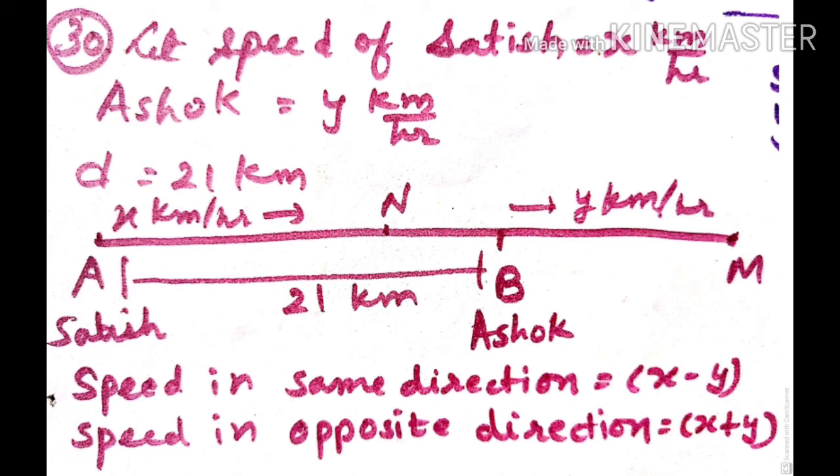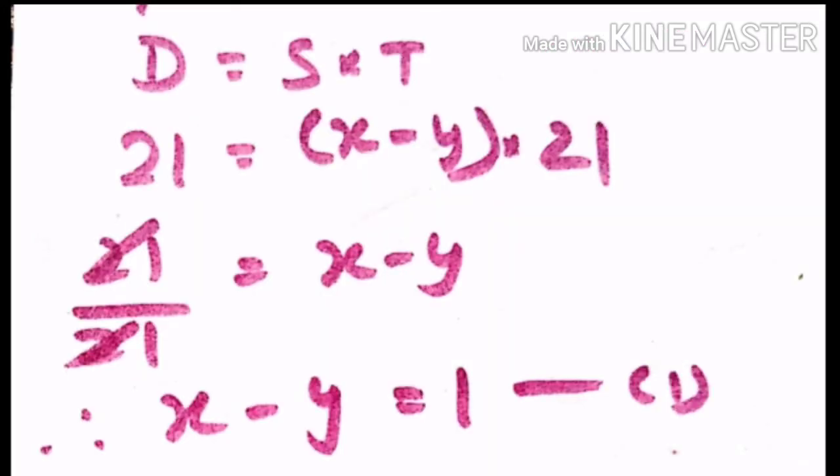So here I have noted down all the things which we are going to use to solve this question. Now let us form our two equations. For that I am using the distance formula. Distance is equal to speed into time. Now here the total distance is 21 kilometers between Ashok and Satish.